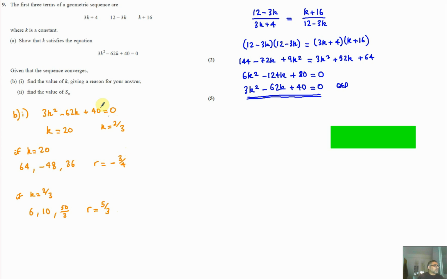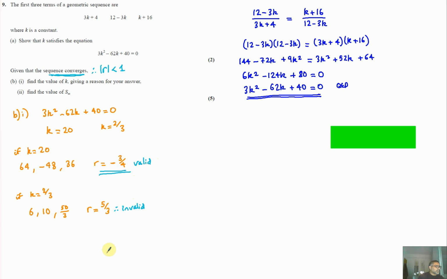Now, remembering here, given that the sequence converges, that means the magnitude of R has to be less than 1. So for this one, minus 3/4, this one is valid. This one, however, because it's greater than 1, won't converge, therefore invalid.